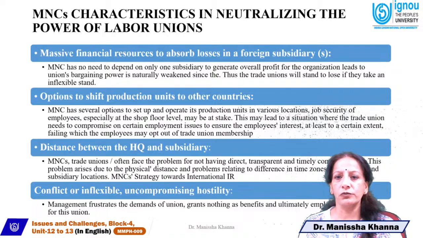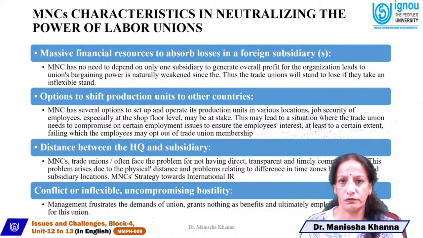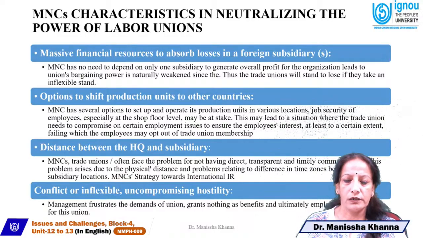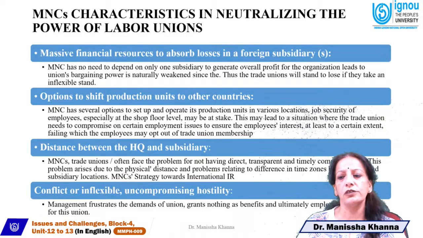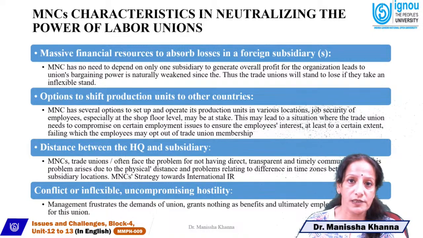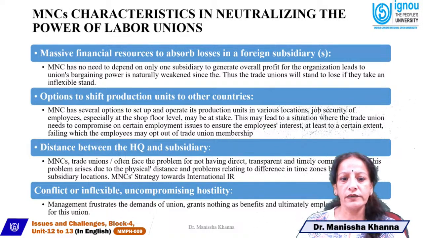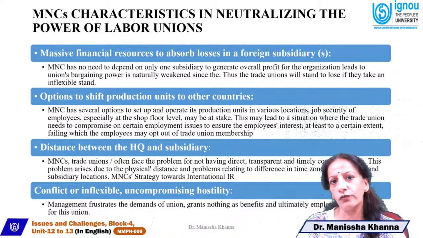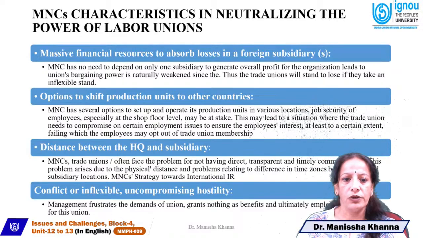This may lead to a situation where the trade union compromises on certain employment issues to ensure the employees' interest at least to some extent. And here the employees may opt out of trade union membership.